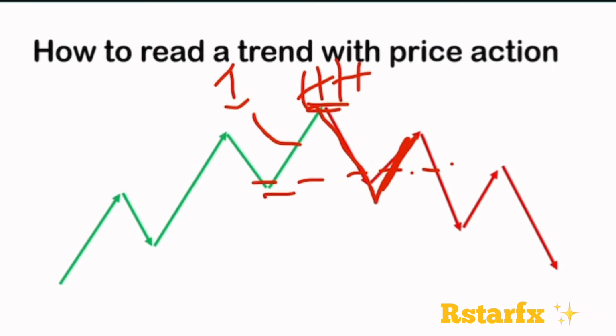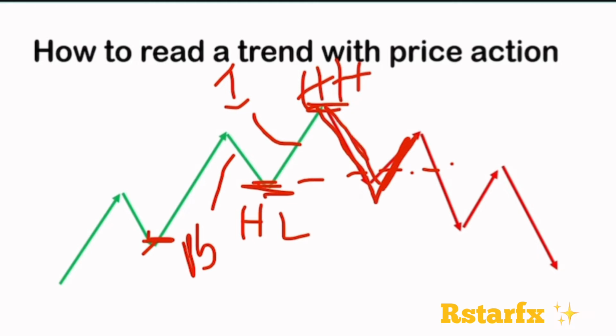So we have a higher low here that is higher than this low, formed from a pullback. So we have a higher high here. Now, since it breaks this previous low, the low is lower than this low, so we call it a lower low for downtrend.